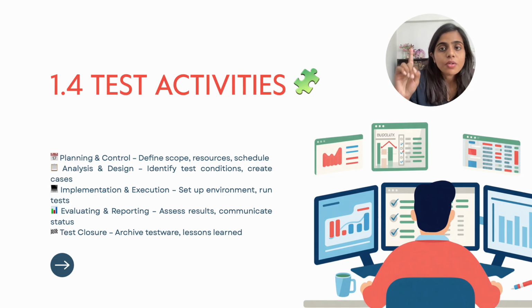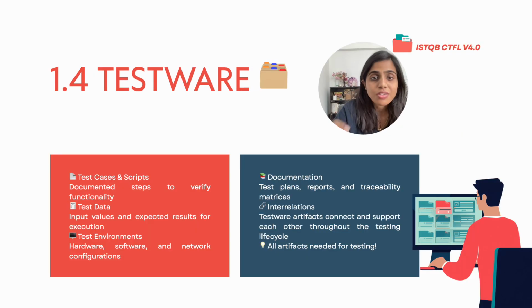So first part was module 1.4.1, which was identifying the test activities. Test activities had test monitoring and control, then test analysis, test design, test implementation, test execution, and then test completion. All of these activities have some specific outcomes, which is nothing but testware.